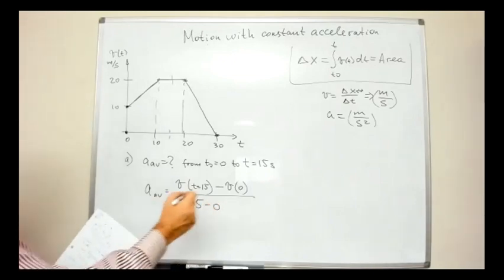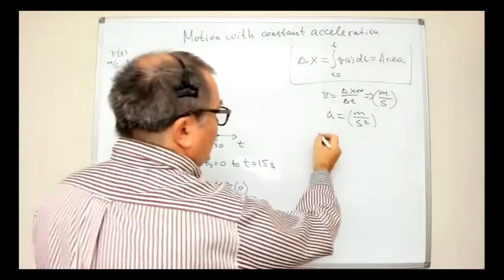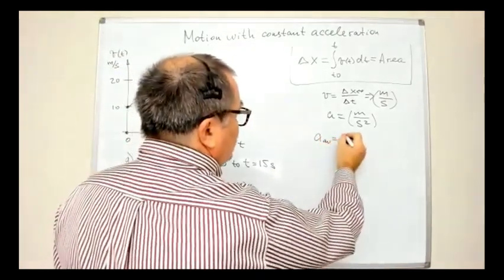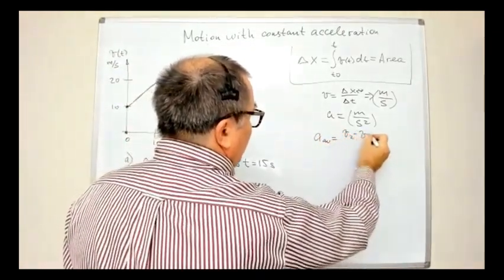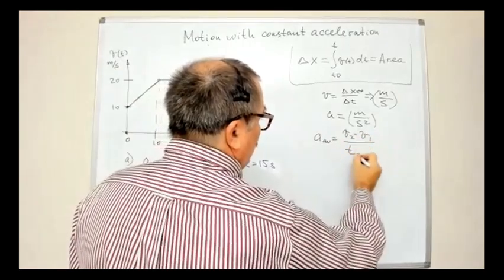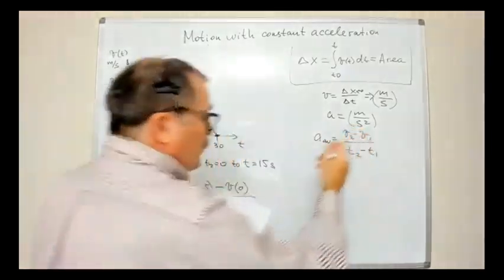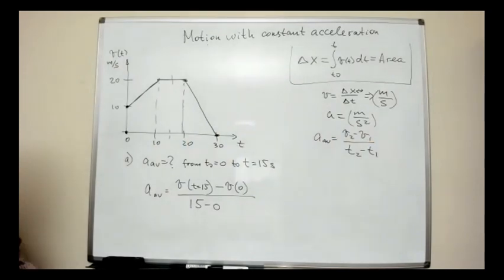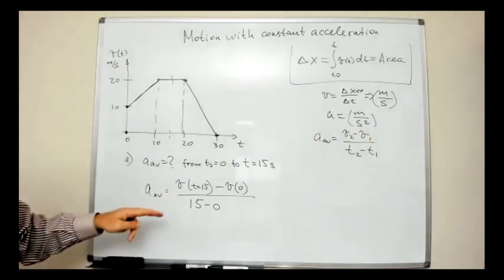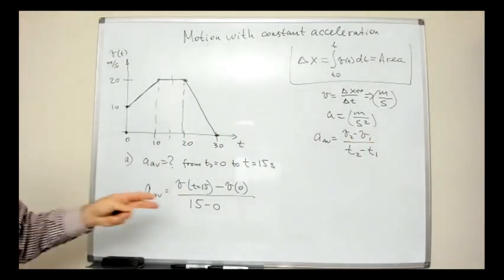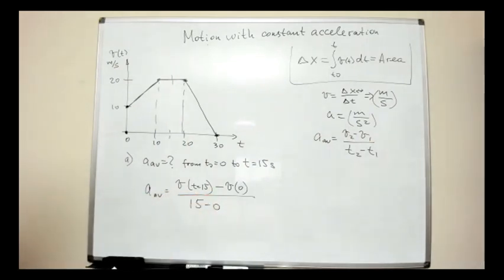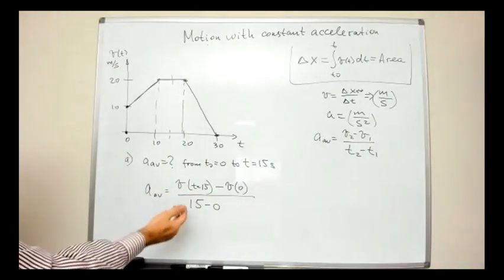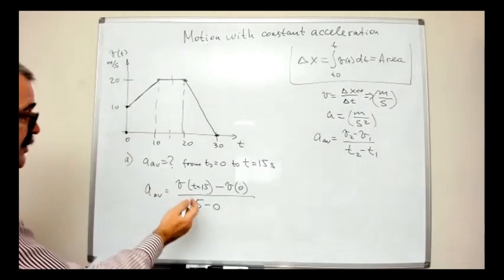So what I'm using here is the formula that a average is v2 minus v1 divided by t2 minus t1. We discussed it at the beginning, right? So here I'm just implementing this formula, and we have to find the particular numbers here.